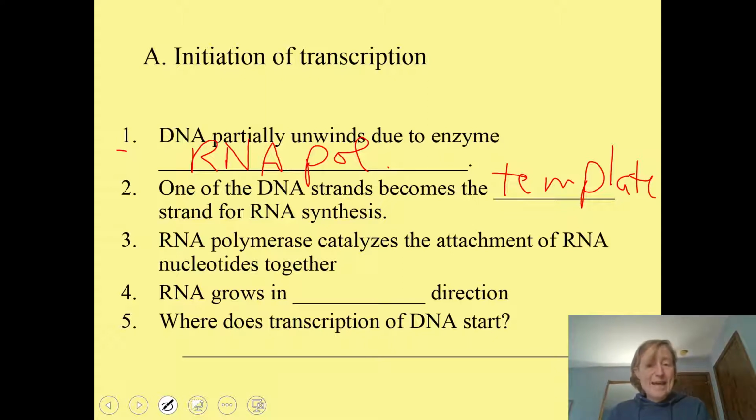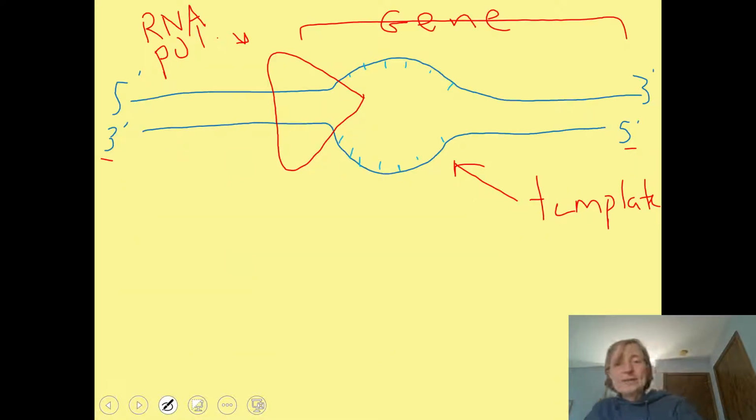RNA polymerase catalyzes the attachment of RNA nucleotides together. Okay, so what happens here is as RNA polymerase moves along this gene, it builds RNA. That's what it does. It builds the RNA.